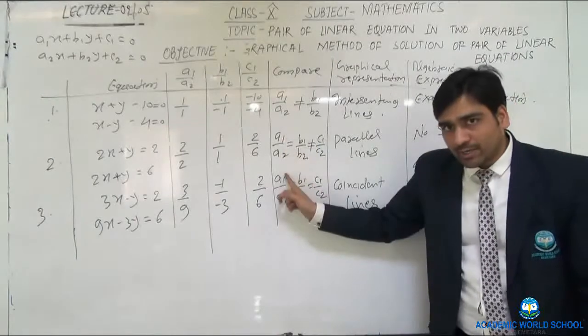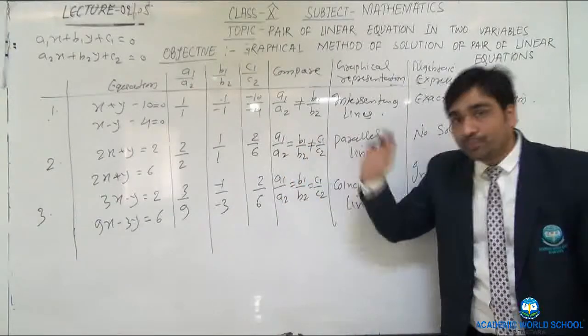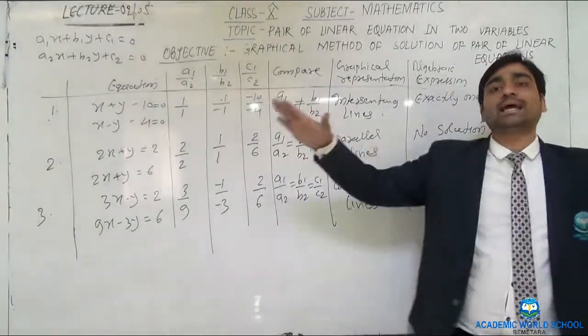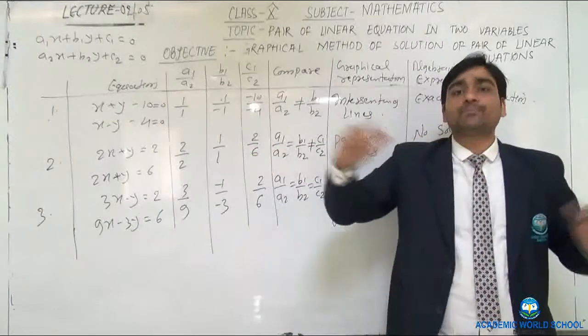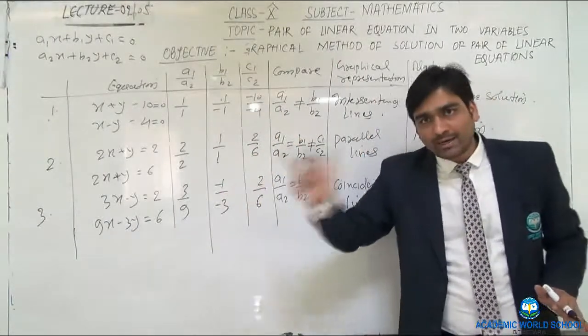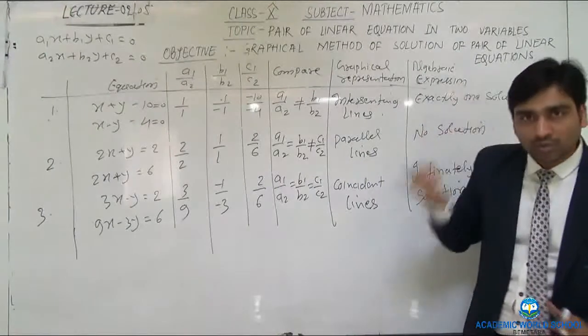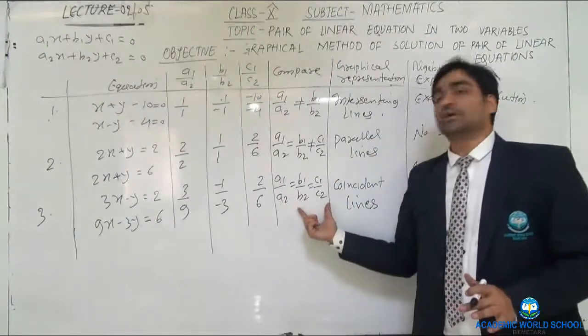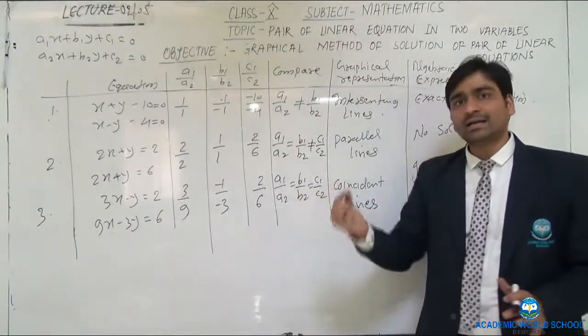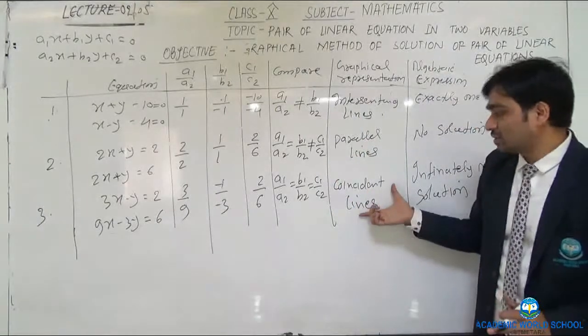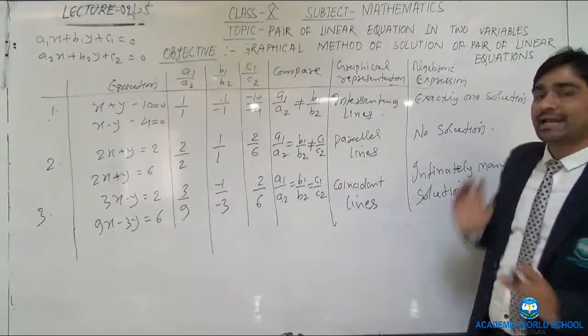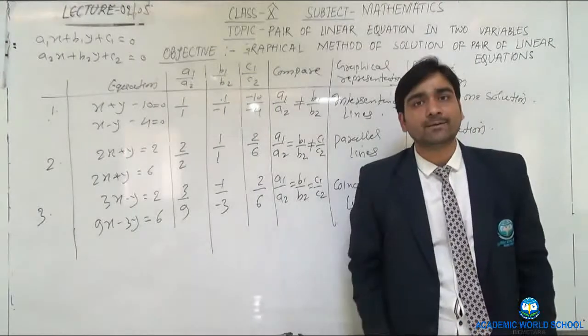If a1 upon a2 equals b1 upon b2 but not equal to c1 upon c2, lines are parallel, meaning no common point, so no solution. And when all ratios are equal, we get the coincident line and infinitely many solutions.